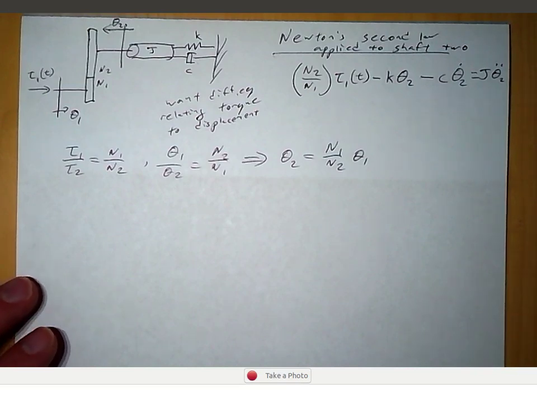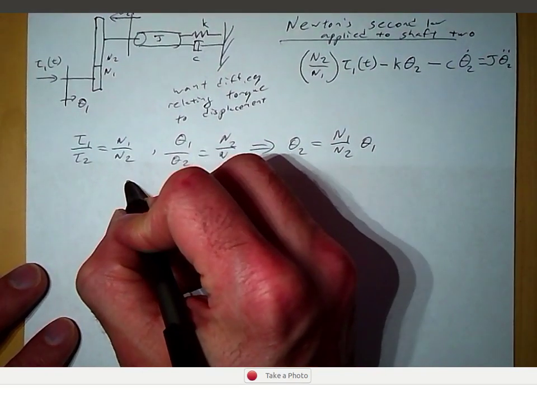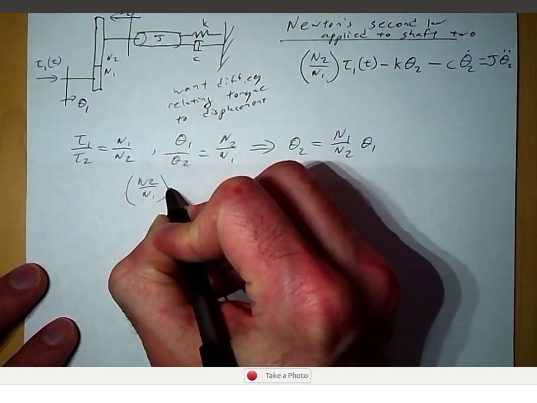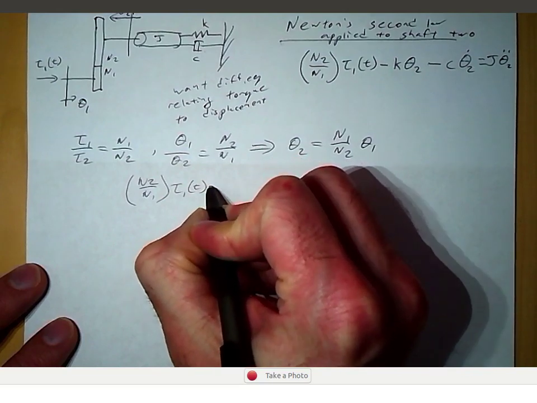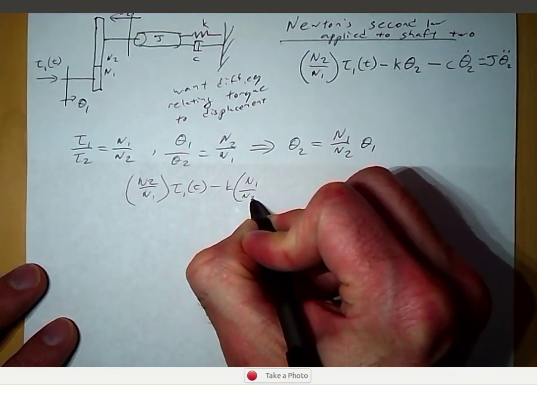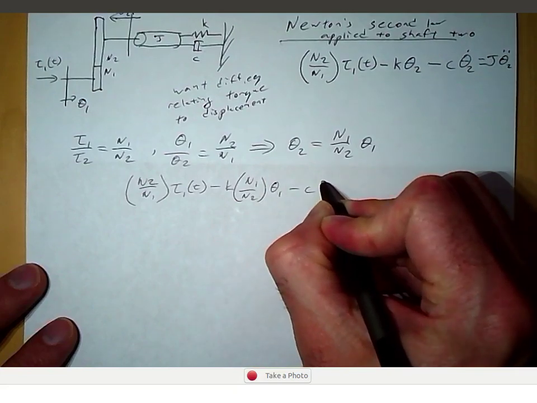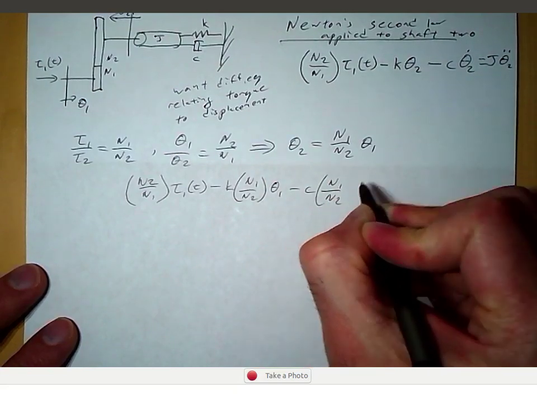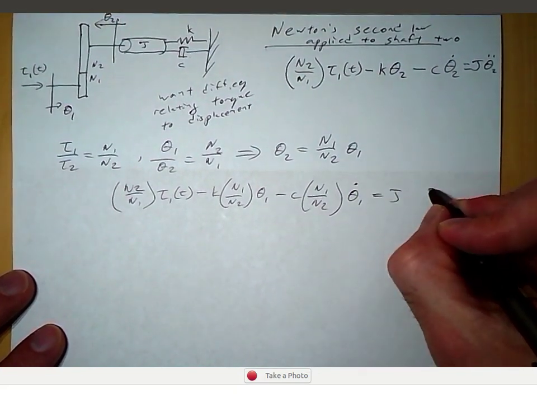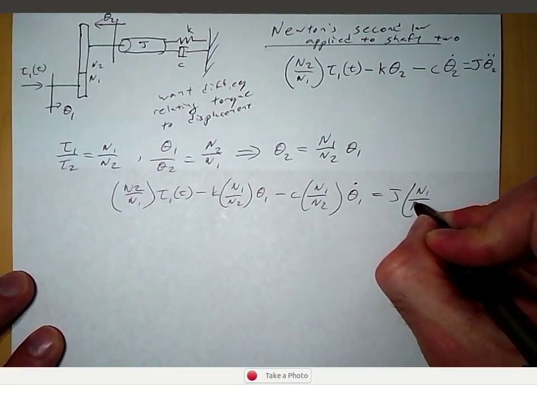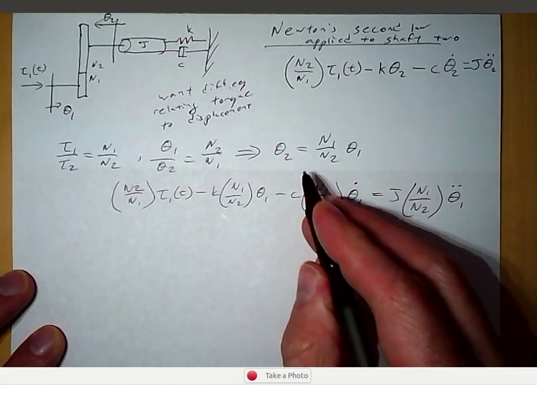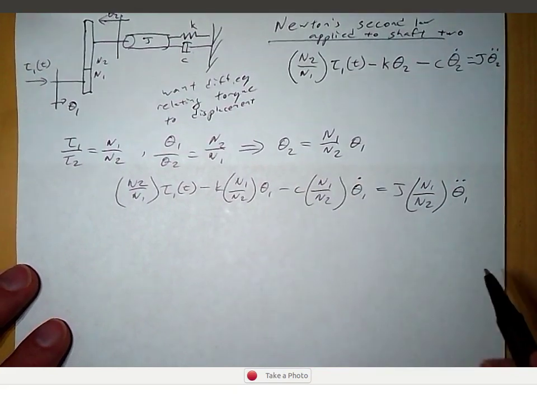So now let's substitute in for theta 2, and we get that N2 over N1 times tau 1 of t minus K times N1 over N2 times theta 1 minus C times N1 over N2 times theta 1 dot is equal to J times N1 over N2 times theta 1 double dot. That just used the substitution for theta 2.